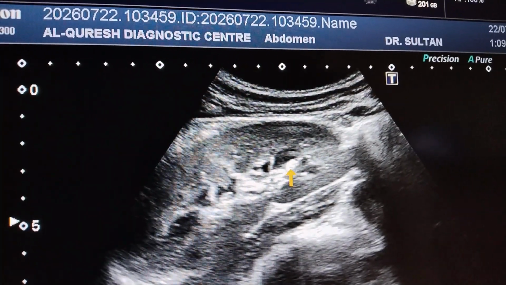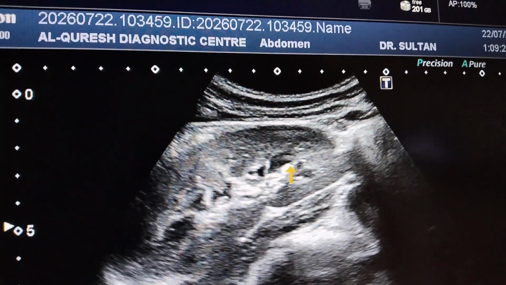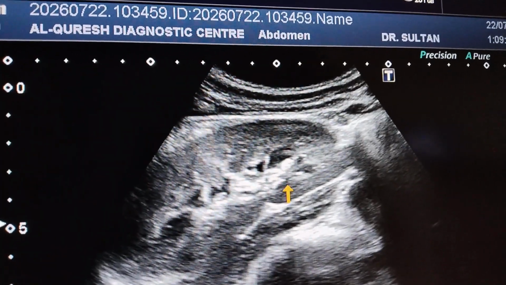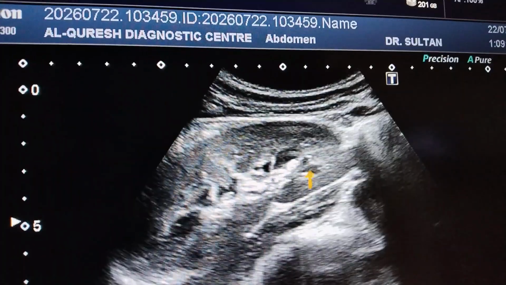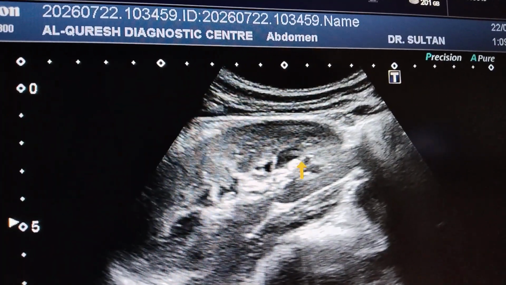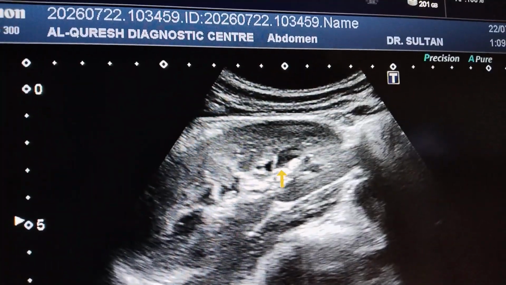Here we can appreciate this echogenic focus which is present at the lower pole level. And this echogenic focus is like this.